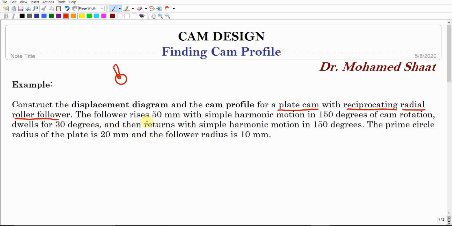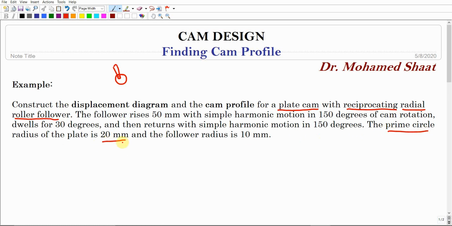The follower rises, and then it describes the type of motion. Since we are going to generate the displacement diagram, it should give us some written description of the displacement diagram of the follower so we can generate this diagram. There is a little description in addition to other information regarding the prime circle.